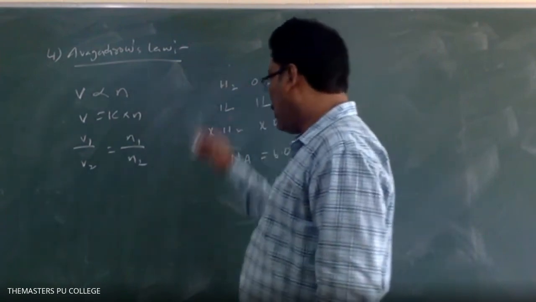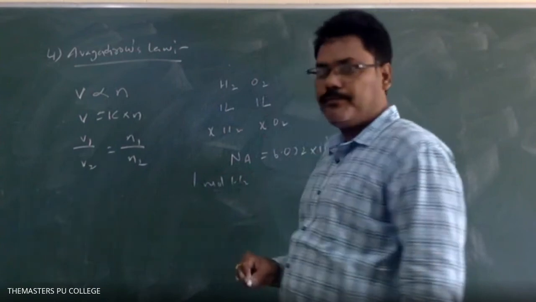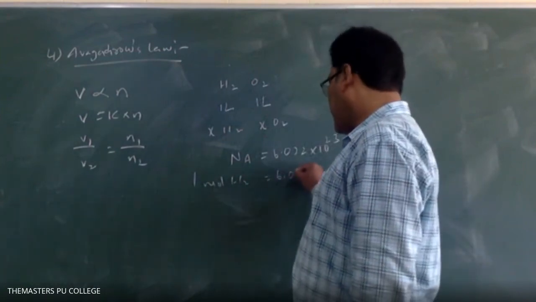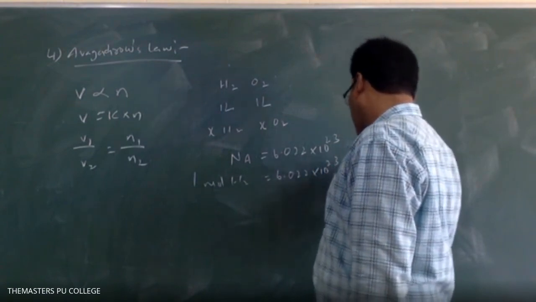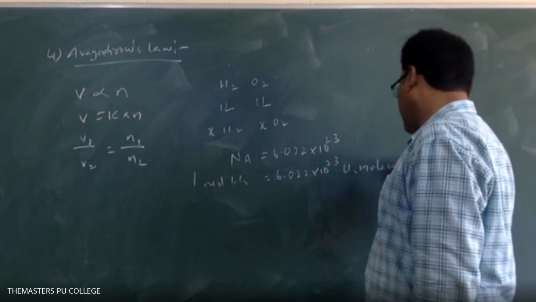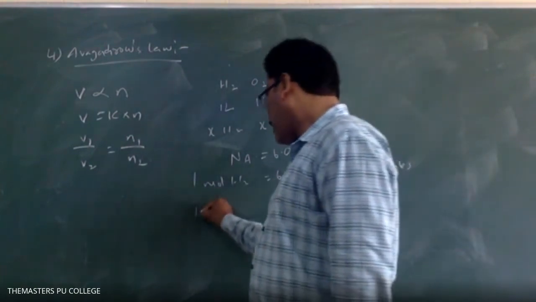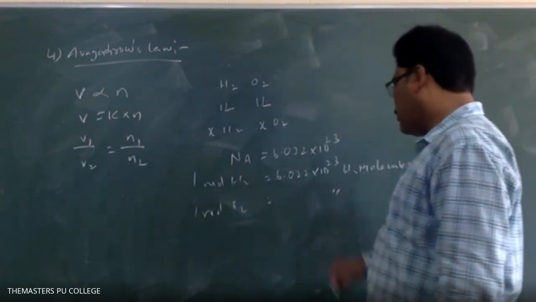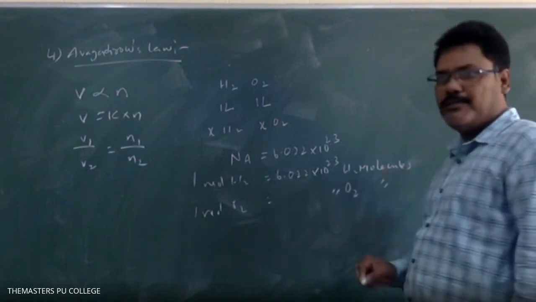If you take 1 mole of H2 gas, it contains 6.022 into 10 power 23 H2 molecules. Similarly, 1 mole of O2 gas contains the same number of O2 molecules.